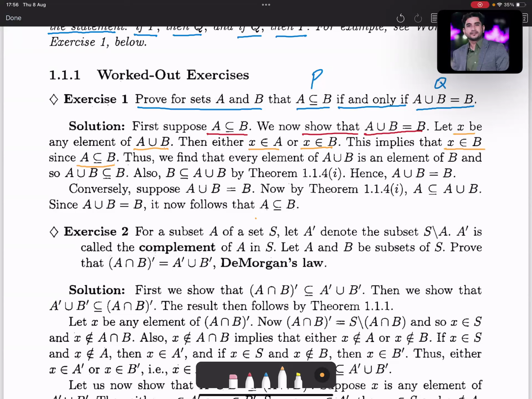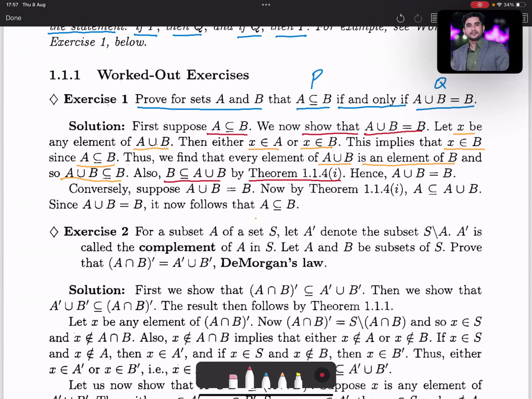We have deduced this information, that if x is an element of A union B, then x either lies in A or it lies in B. And this implies that x lies in B since A is contained in B. So we just found that every element of A union B is an element of B. And so A union B is contained in B. Now what we need to do is show that every element of B is also contained in A union B. This can be shown by theorem 1.1.41, in which we have said that A and B are always contained in the union.